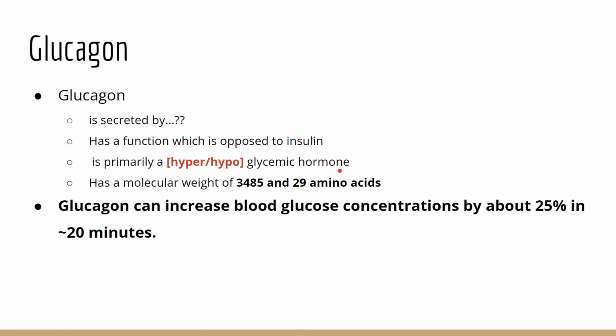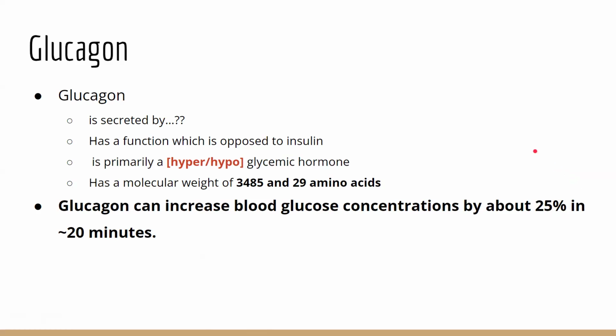Remember the number of amino acids if you want to. The reason I mentioned the molecular weight is that for insulin I said 5805, so glucagon is a big molecule, but insulin is a bigger molecule. Glucagon can increase blood glucose concentration by about 25% in 20 minutes, which is a huge increase. So in cases of hypoglycemia, glucagon can easily make up for it.